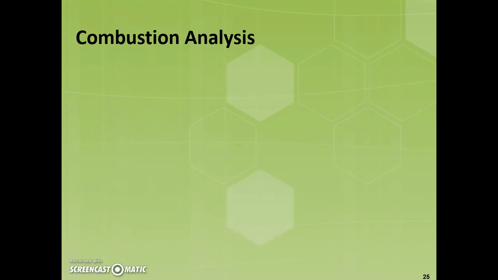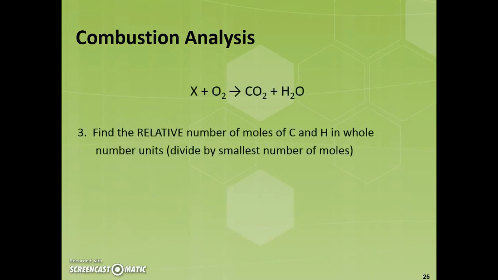So next, we can find the relative number, the molar ratio between carbon and hydrogen. We just divide by the smallest number of moles, which of course was 0.0156. So what do we get? We get 1 carbon for every 4 hydrogens.